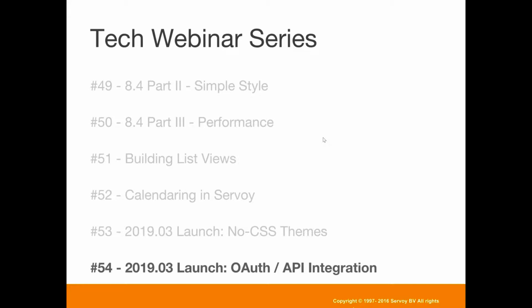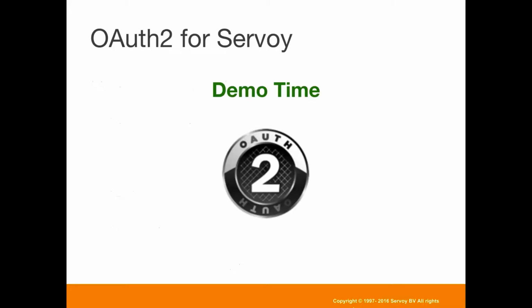Today's webinar is about an oAuth plugin, which is included in the 2019-03 build. So now it's more baked into the product and allows you to do various API integrations. I'll do a short demo, and then we'll do some overview on oAuth itself.